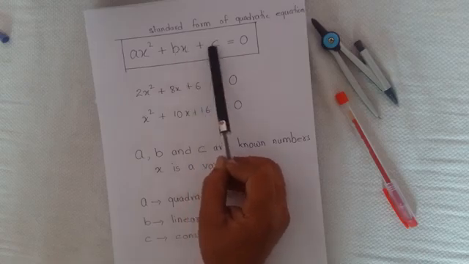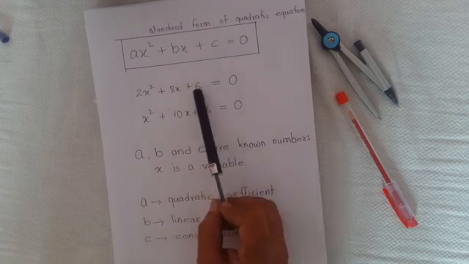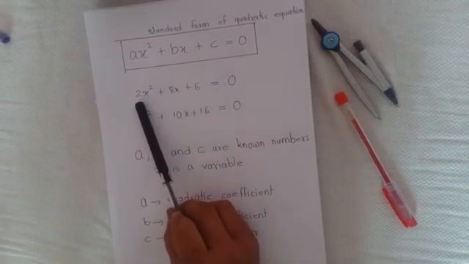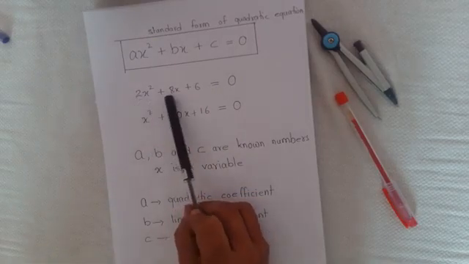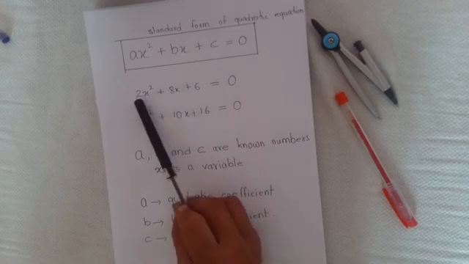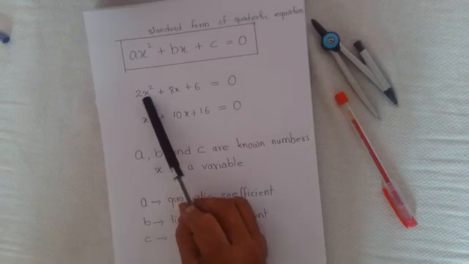C is the constant number. Okay, now here we have 2. 2 is the quadratic coefficient. 8 is the linear coefficient because 8 is the coefficient of the variable with power 1. 2 is called the quadratic coefficient because it is the coefficient of the variable with power 2.